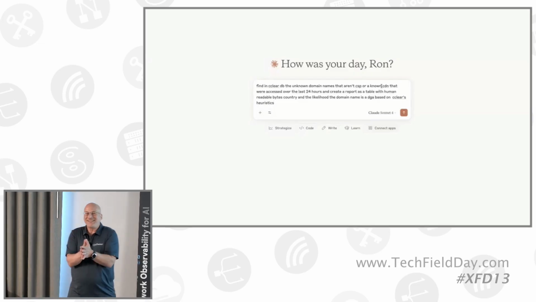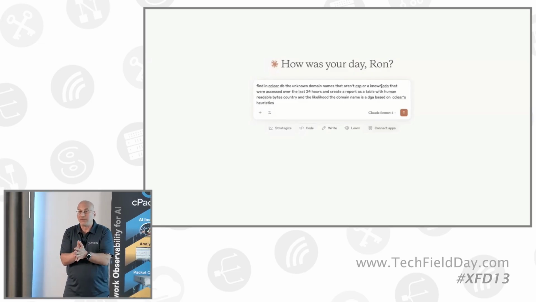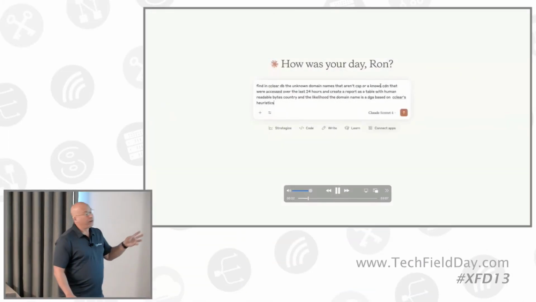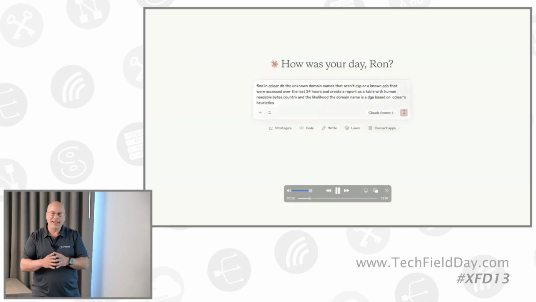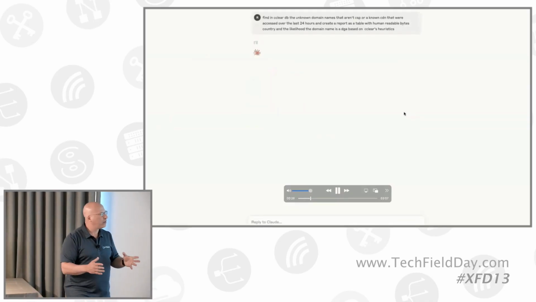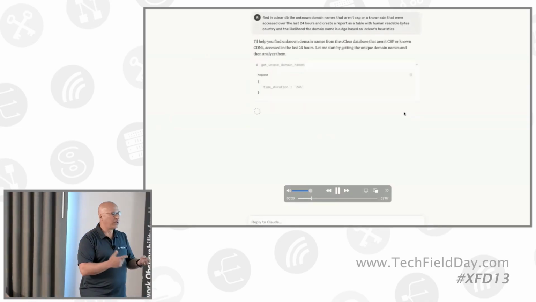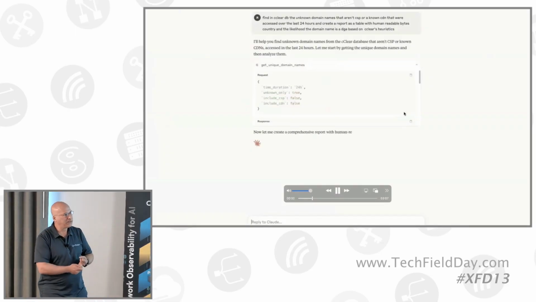So what we're using the DNS is to see all the domains that were accessed over the last 24 hours. So what we saw is that that's a lot of data, right? So what we asked for is, okay, go back to the data that you have in cClear. Tell me if you find any unknown domains. And we define unknown domains by either it's not a known CSP, it's not a known CDN.